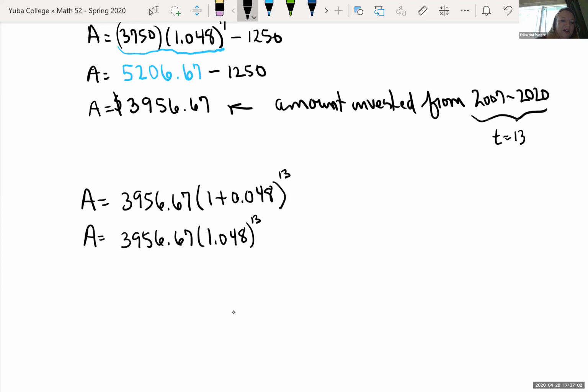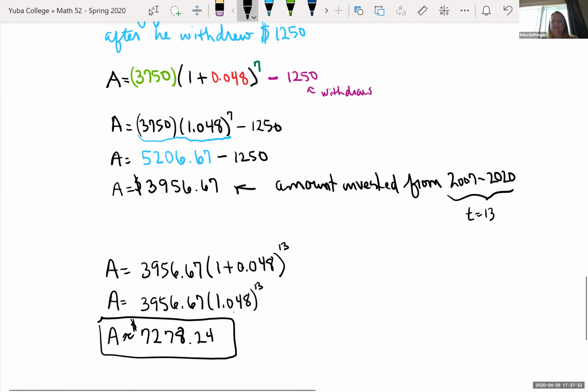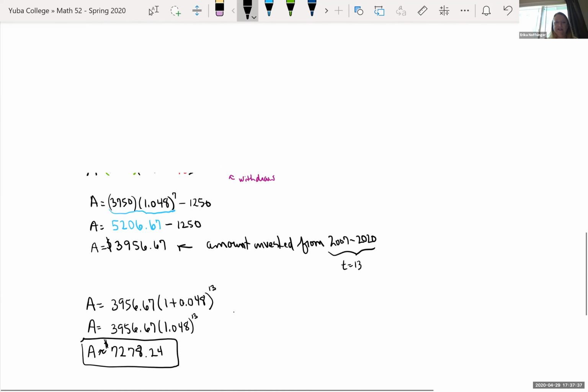And so this is giving us an amount of $7,278.24. Okay, so basically they had the amount in their account for 20 years, but they took out that $1,250 7 years into it.